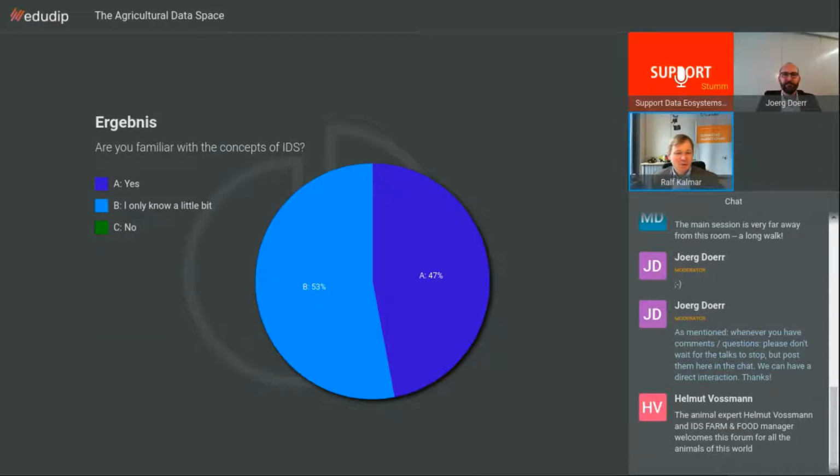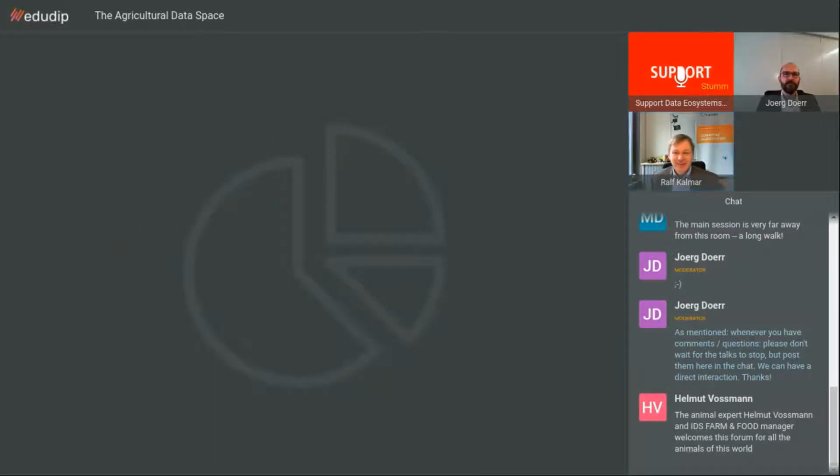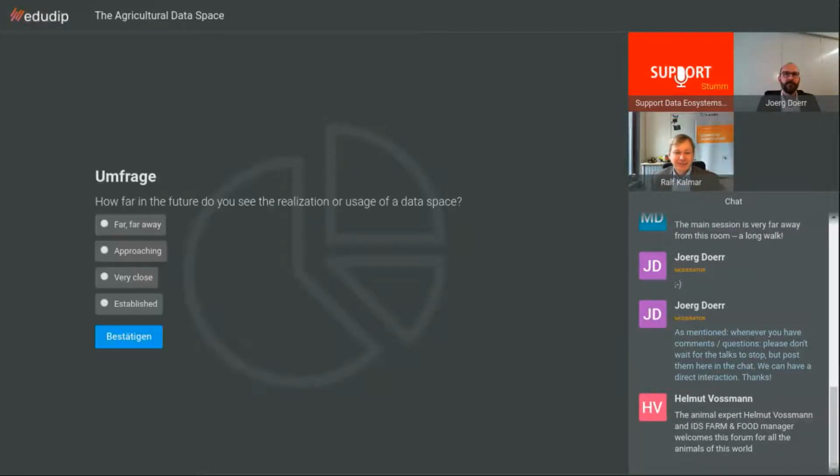And maybe just one final question. Regarding how far away do you see the realization of a data space? Could be IDS, could be GAIA-X, anything else. What do you think? So very close would be probably next year.